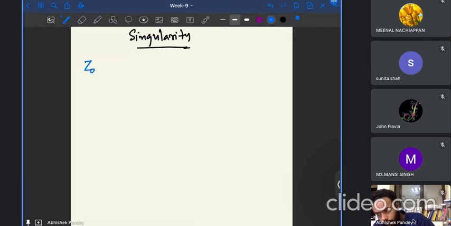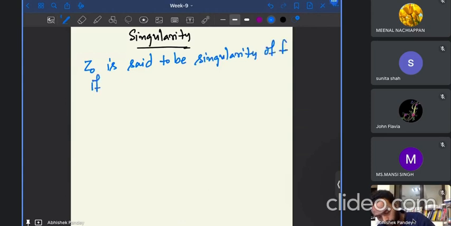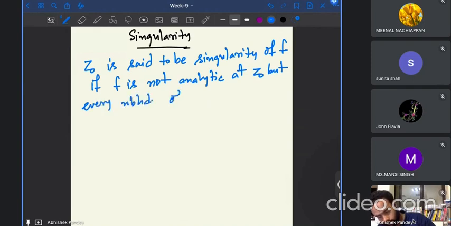A point z naught is said to be a singular point of f, or just a singularity of f, if f is not analytic at z naught, but every neighborhood of z naught contains a point at which f is analytic.